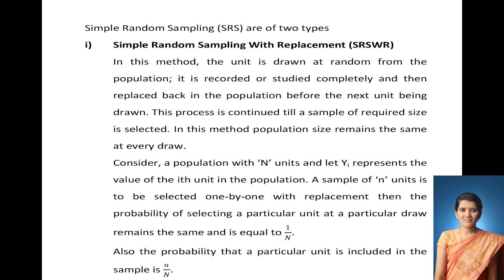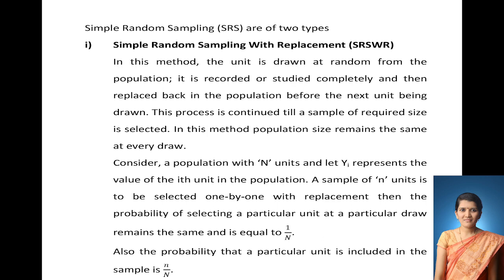In this method, the unit drawn at random from the population is recorded or studied completely, and then replaced back in the population before the next unit is drawn, and this process is continued till a sample of required size is selected. In this method, population size remains the same at every draw.